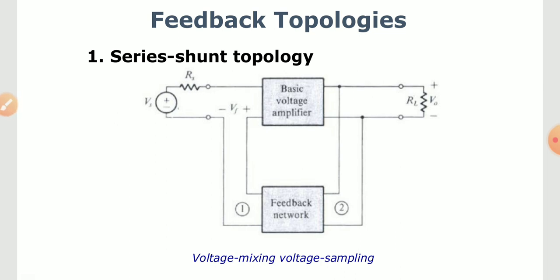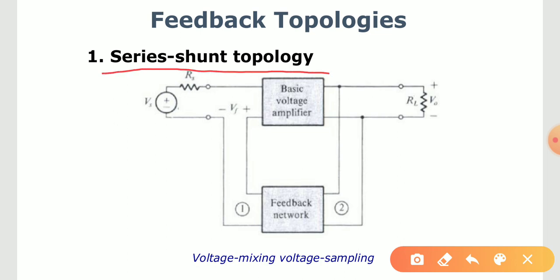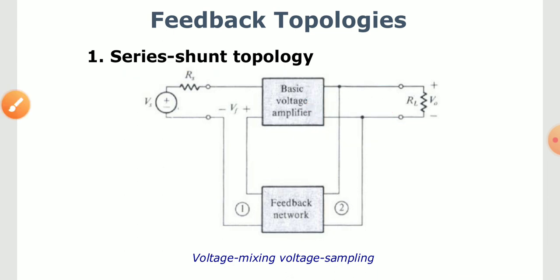For the first one, let us consider the series-shunt topology. Here this is the feedback circuit. Here the sampling network is in the form of a shunt. Look at this position again, I will just repeat that.